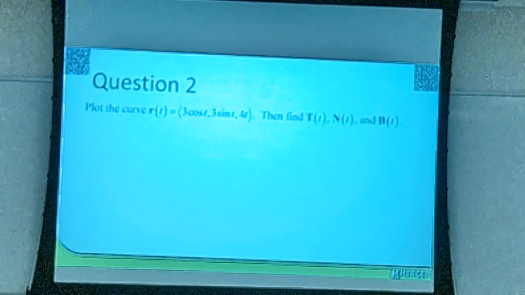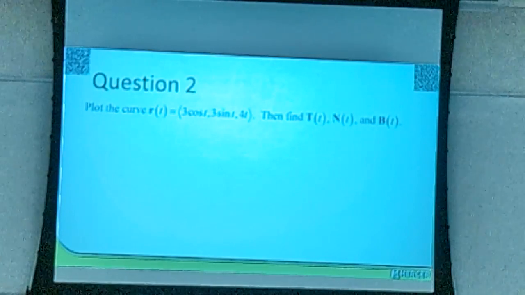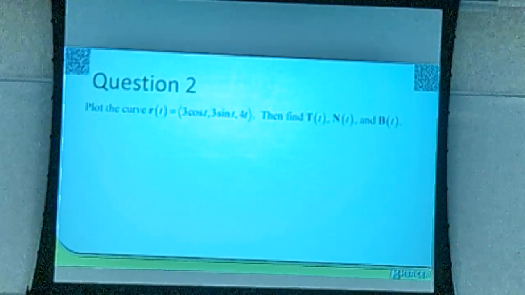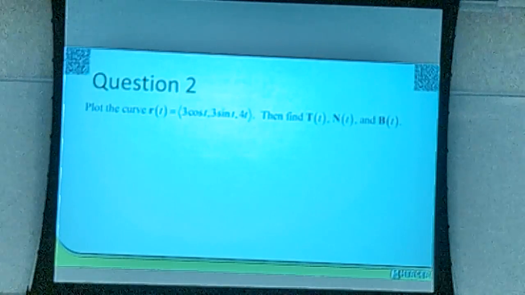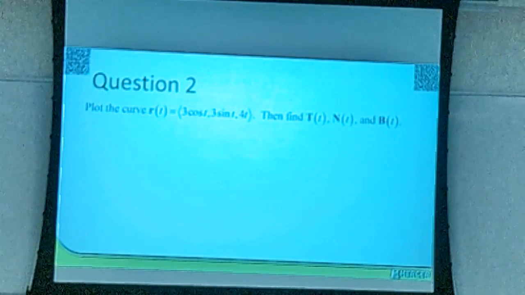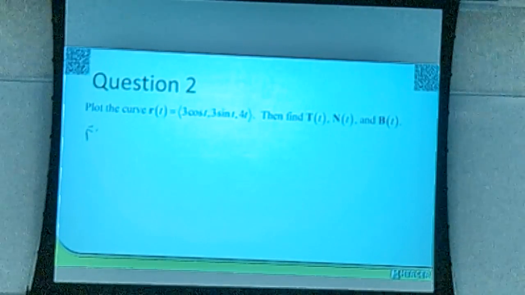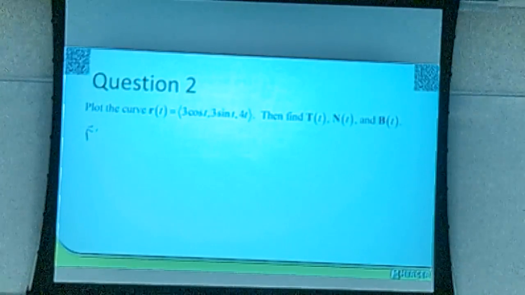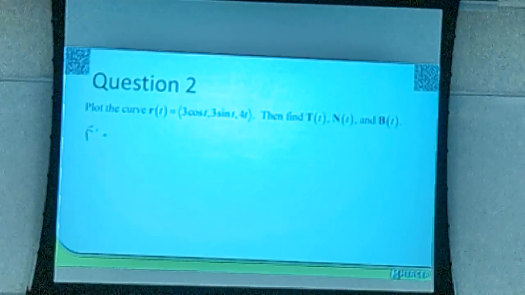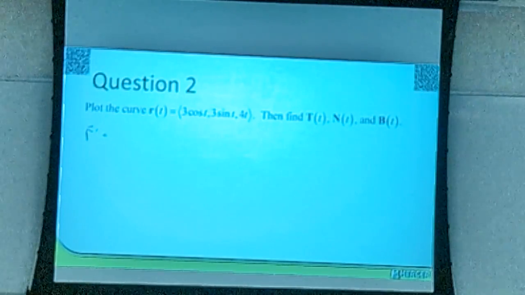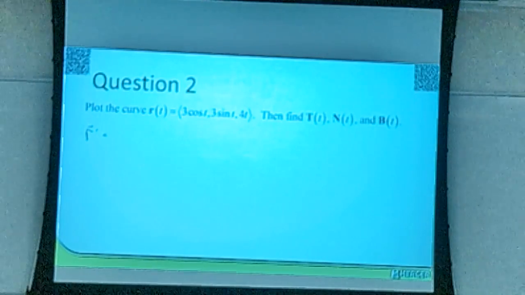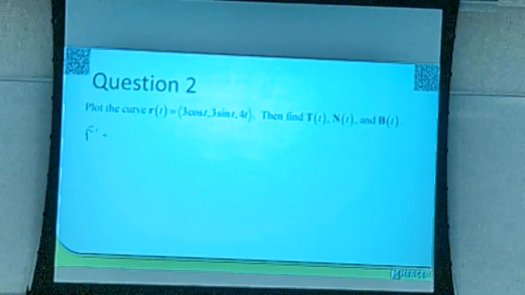We want to find the unit tangent, unit normal, and binormal. Remember to find the unit tangent, R prime over the magnitude of R prime. So we need R prime first.